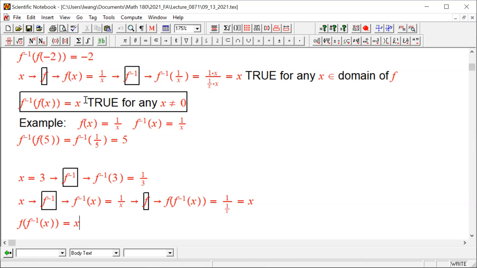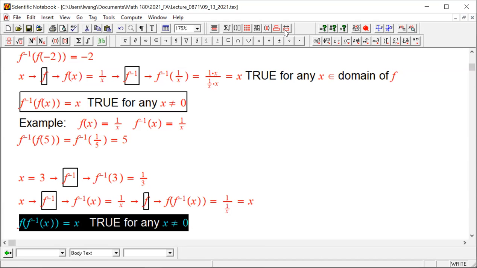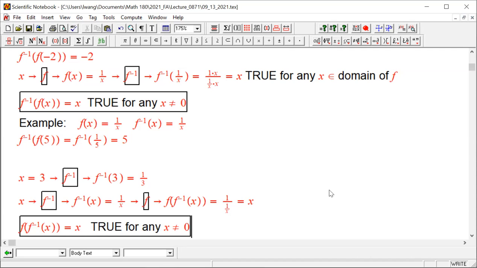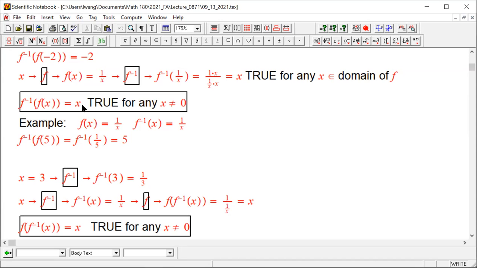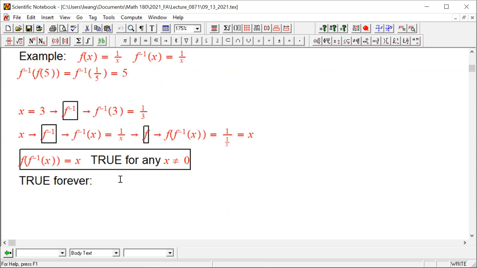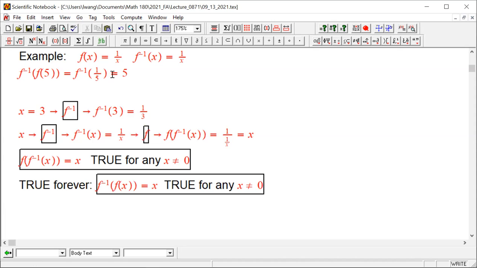It is not only true for this function, it is true for any two functions that are inverse to each other, forever. So in this case it's true, and this is true.